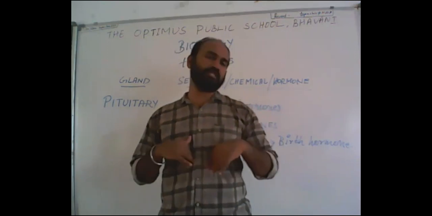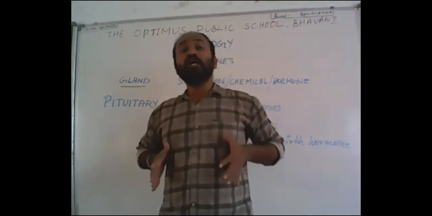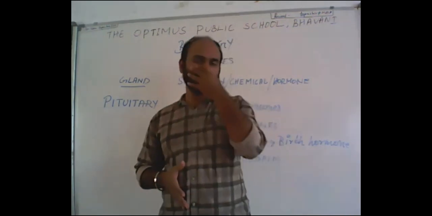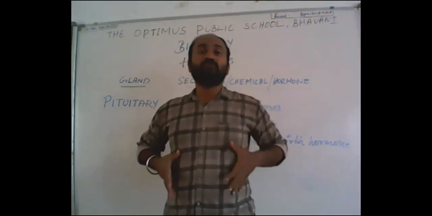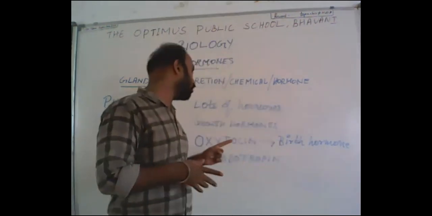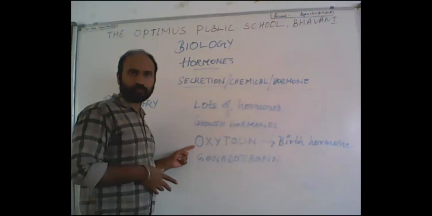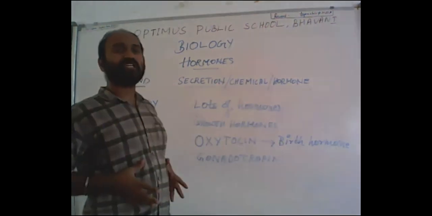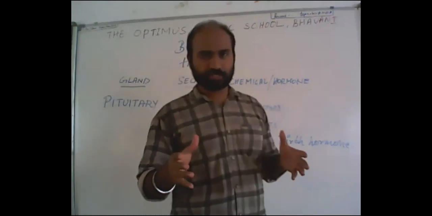It's not only the doctor's pull; the uterus also pushes the baby outside during childbirth. This uterus contraction is due to a hormone called oxytocin. So this oxytocin hormone stimulates the contraction of the uterus.